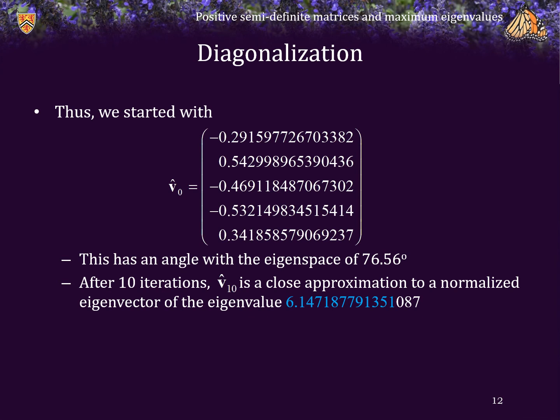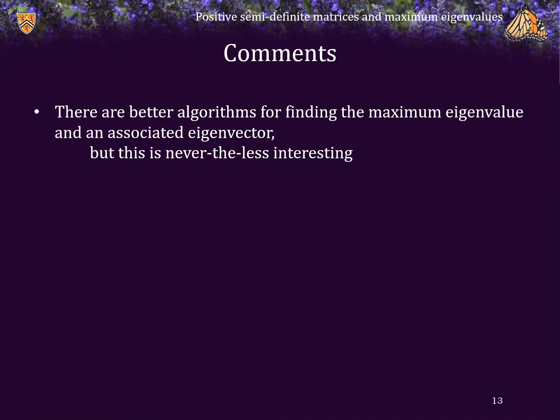So, yeah, after only 10 iterations, V10 is actually a very close approximation to the normalized eigenvector with the eigenvalue that we approximated in that process. Now note, there are better algorithms for finding the maximum eigenvalue and associated eigenvector, but this is nevertheless a very interesting algorithm because it works, and hopefully you can intuitively understand why it works.